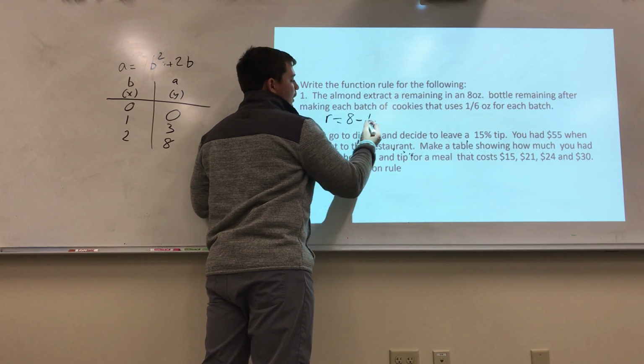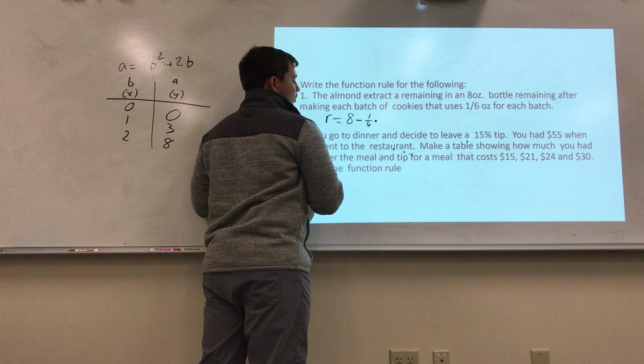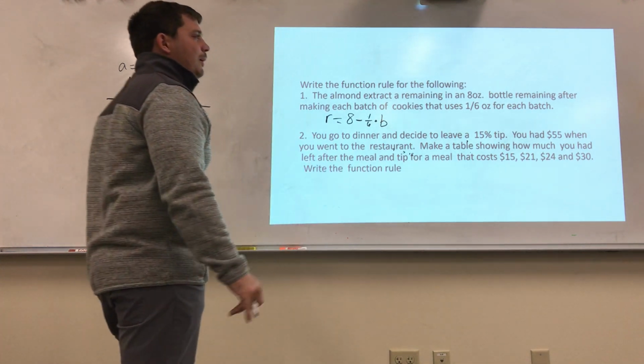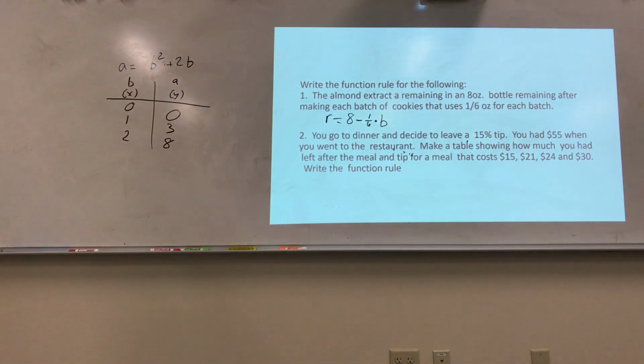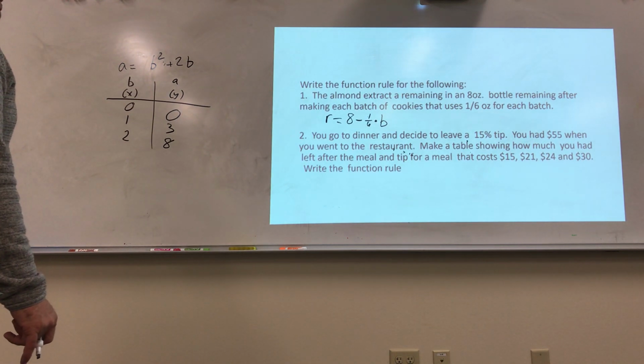So you're going to take that times the number of batches. Well, we don't know how many batches there are, but we can create a formula that tells me no matter how many batches, I should know what's left. So that would be my function rule for that one.